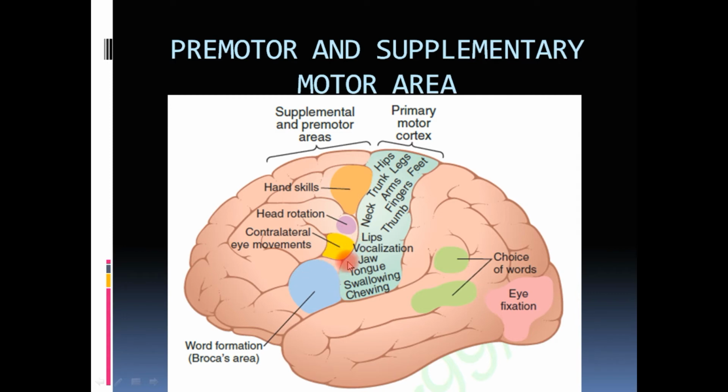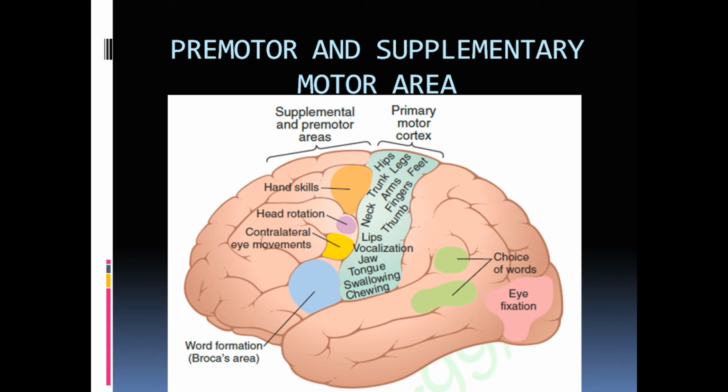Then comes the area of contralateral eye movement. It is responsible for fixation of the eye on a particular object and then moving to different objects in the field of vision. So this is the area responsible for eye movement. If there is damage, the fixation of the eye on different objects in the visual field is not proper.